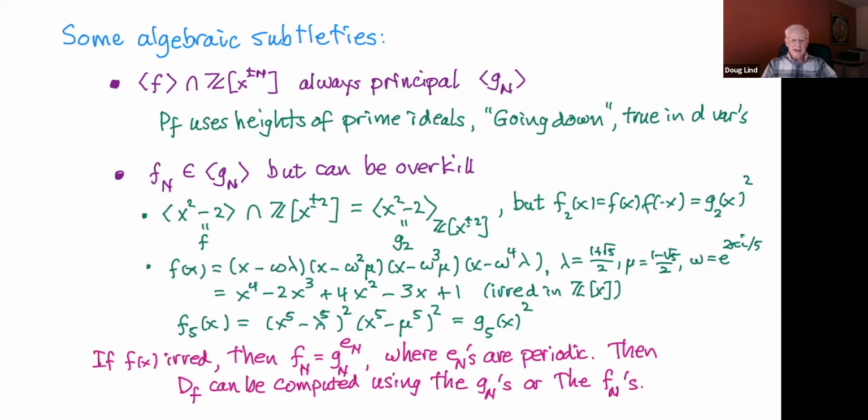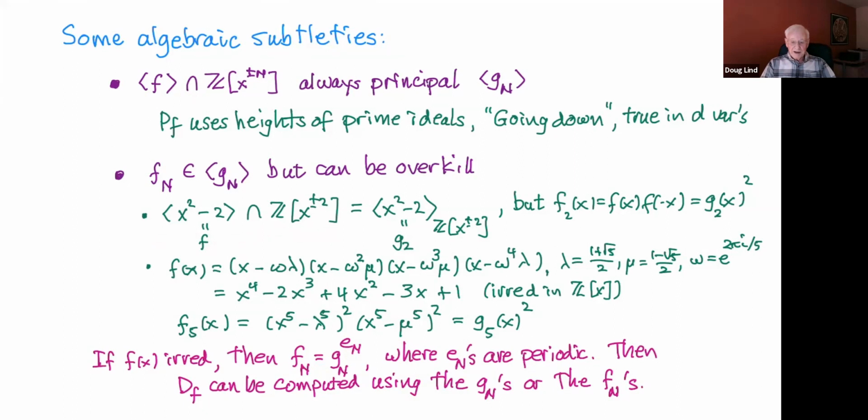So we always do get a principal ideal, but it's not always the one generated by Fn. Fn can be overkill, and let me give a couple of simple examples of that. If you started out with x squared minus 2, and you contracted down to the subring Z[x] plus or minus 2, you'll just get back the principal ideal generated by x squared minus 2, because x squared minus 2 is already in that ring.